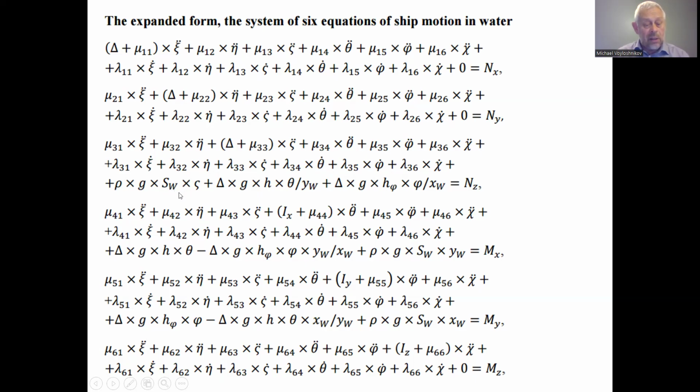This is how much we submerge the ship or take it out of the water. This is a volume characteristic. So the change in volume is proportional to the ship displacement along the vertical axis zeta.